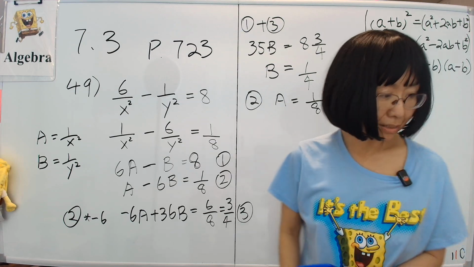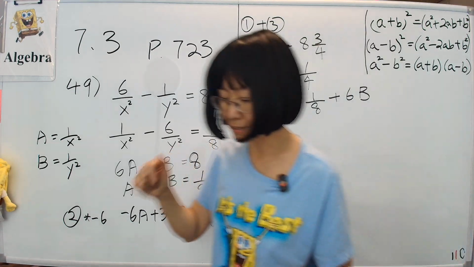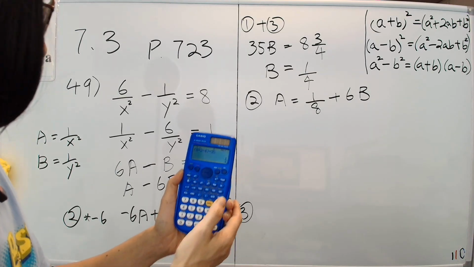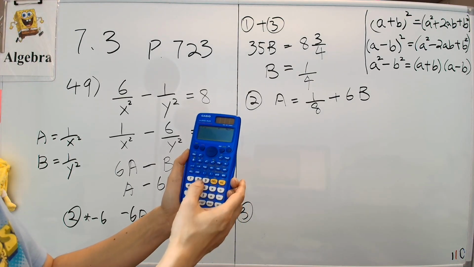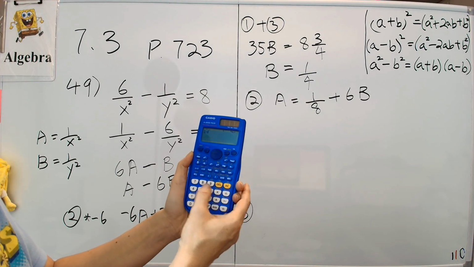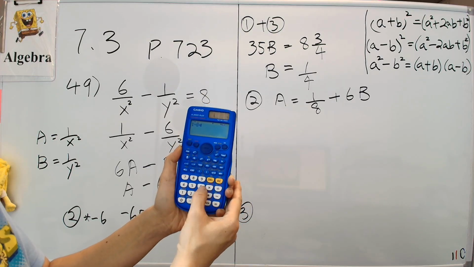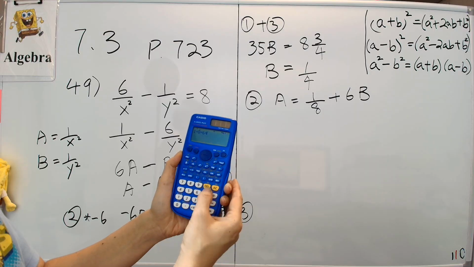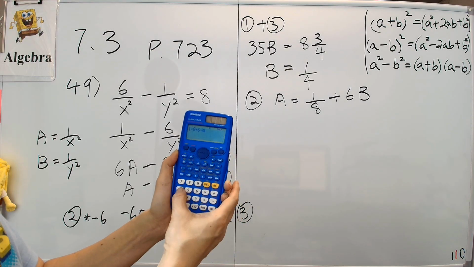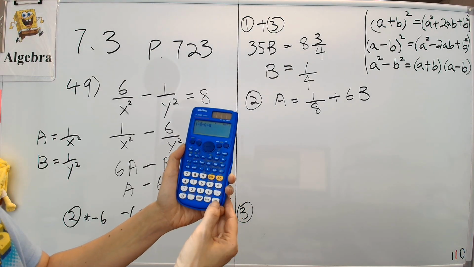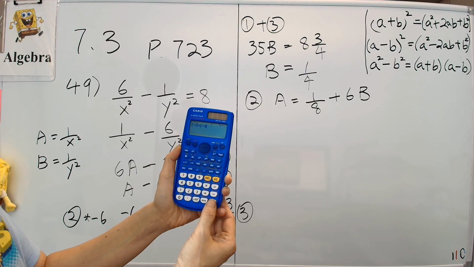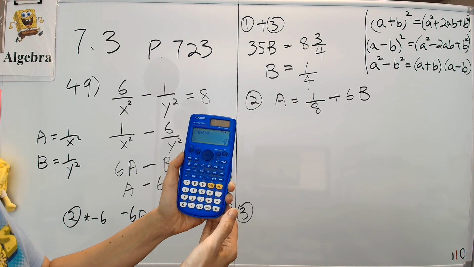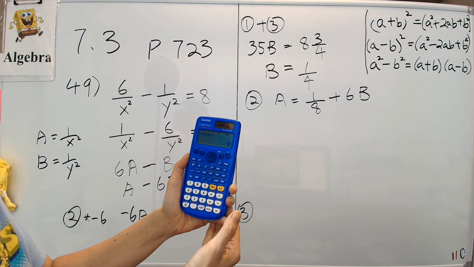So to calculate a, I'll do 1 divided by 8 plus 6 times, what was b again? 1/4. So that means 6 divided by 4. Okay, divided by 4 is the same as times 1/4. Okay, that should do it. That's 13 over 8. A is 13 over 8.